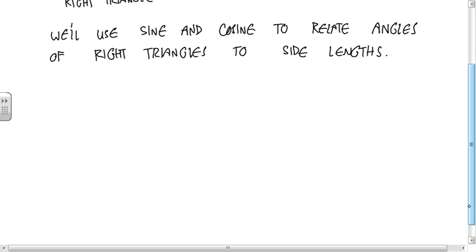So if you have a right triangle, let's say the right triangle that we're dealing with is this one.